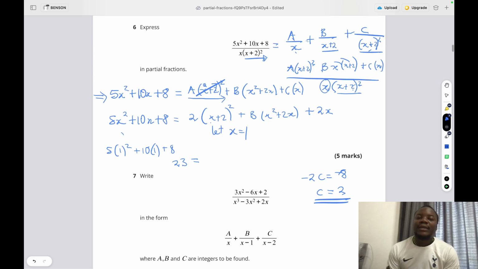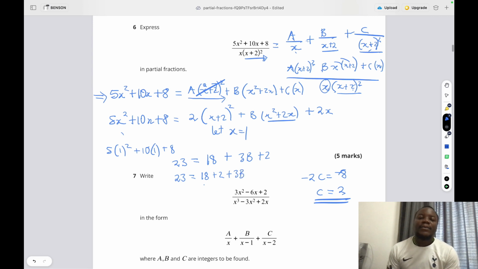On the right hand side, 1 plus 2 gives us 3. 3 squared gives us 9. 9 times 2 gives us 18, plus, in this bracket here, if x is 1, 1 squared is 1 plus 2 times 1, which is 3. So we've got 3b here, and then here we just have 2. We are solving for b. We get 23 equals 18 plus 2 plus 3b.